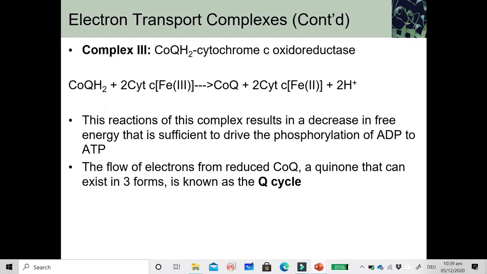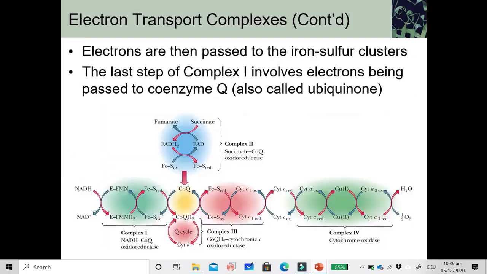Now complex 3, as you can see in this case, ultimately oxidizes the reduced ubiquinone, the reduced form of coenzyme Q, through the iron-sulfur cluster, ultimately reducing cytochrome C1. And this reduced cytochrome C1 will then reduce cytochrome C, the oxidized form, into reduced cytochrome C. And this cytochrome C, as I've mentioned, is mobile.